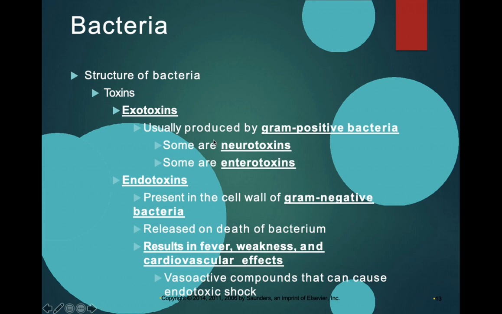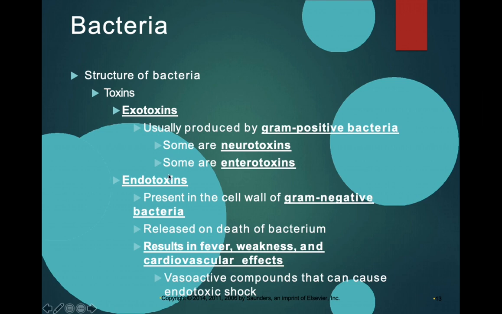Some of the exotoxins are neurotoxins, which will affect the brain and the neurology of the individual, and some are enterotoxins, entero from the gastrointestinal tract. When someone has enteritis, it's usually inflammation of the intestines.